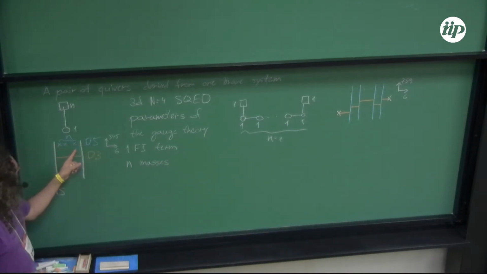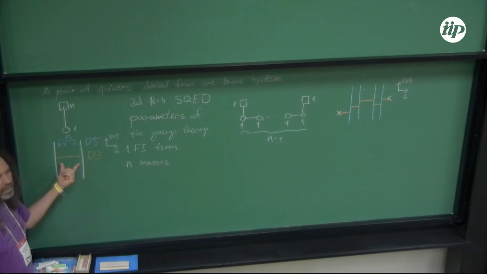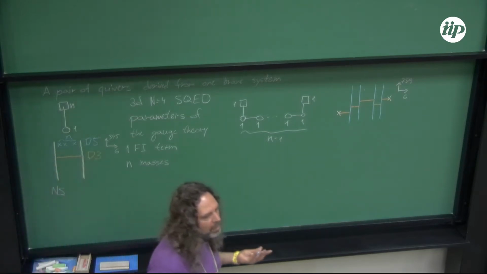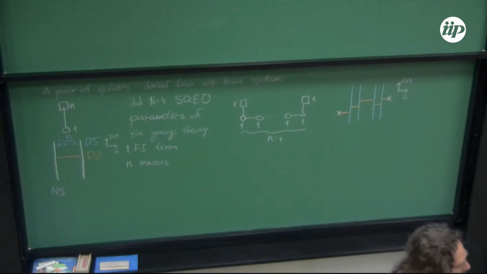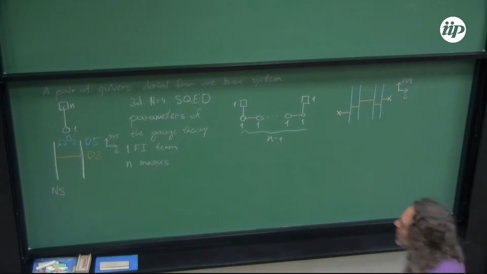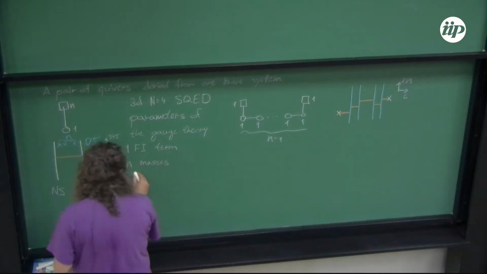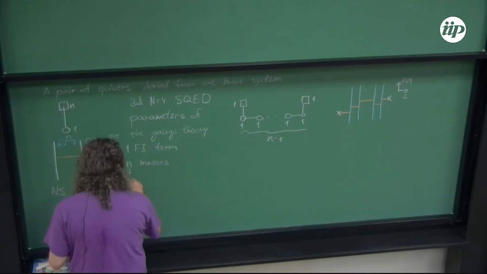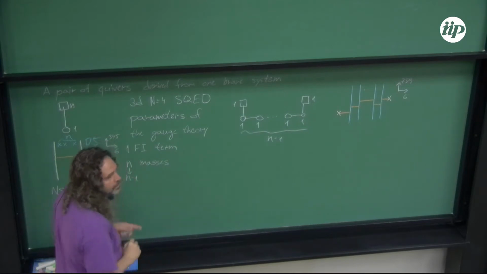We see that in the 3, 4, 5 directions, I have n positions of the D5 brane and 1 position of the 3 brane. Altogether, I have n plus 1 parameters. There is an overall parameter which doesn't play a role. We are only measuring distances in this system, so this overall parameter is scaled away. So actually, when I count the masses, I should change this to n minus 1 masses.